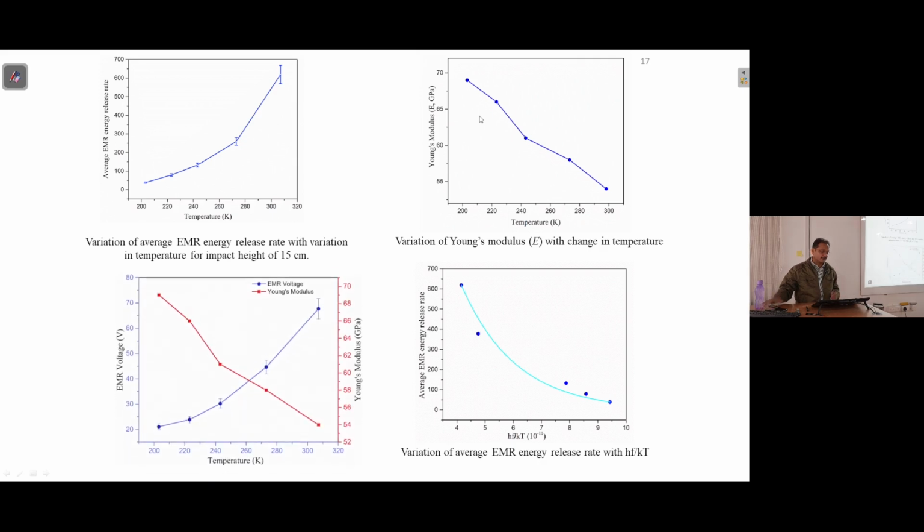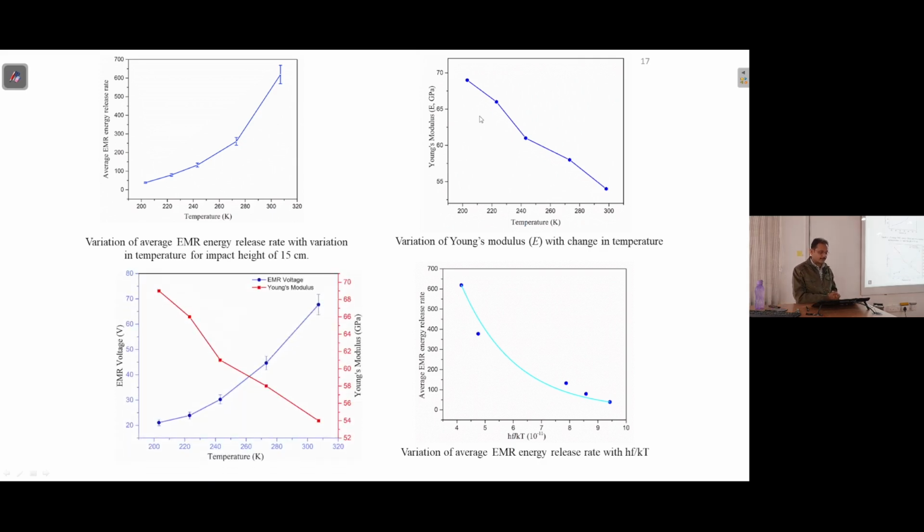And this graph is giving you both of these together. So we can say as the temperature is reduced, Young's modulus is increasing and the EMR voltage is reducing. Now this simply can be associated with the deformation, right? If Young's modulus is high, that essentially means that the sample will have a higher stiffness.